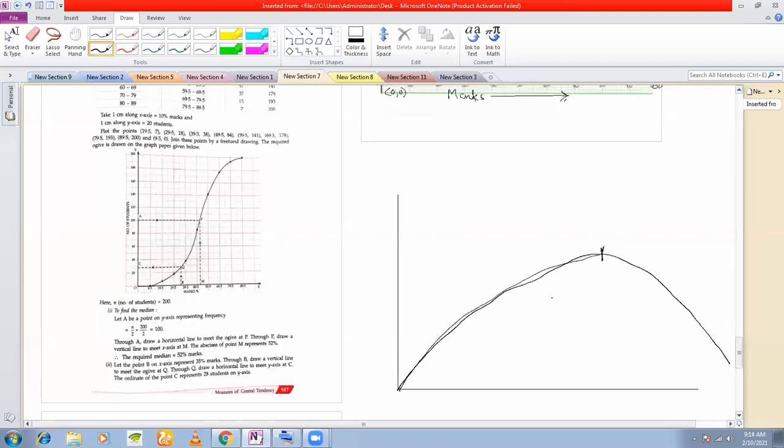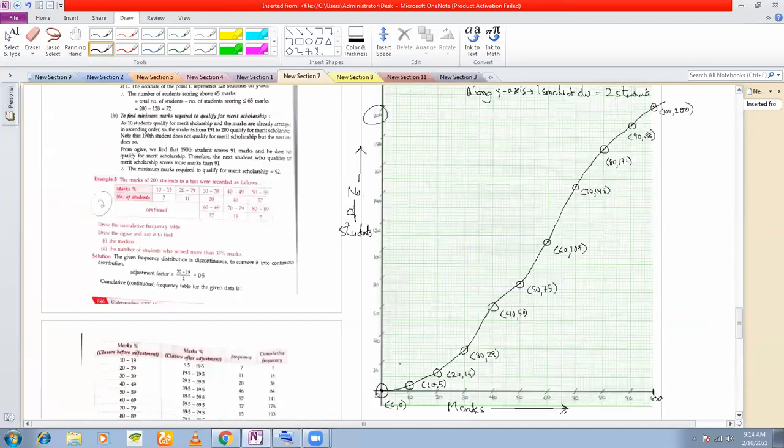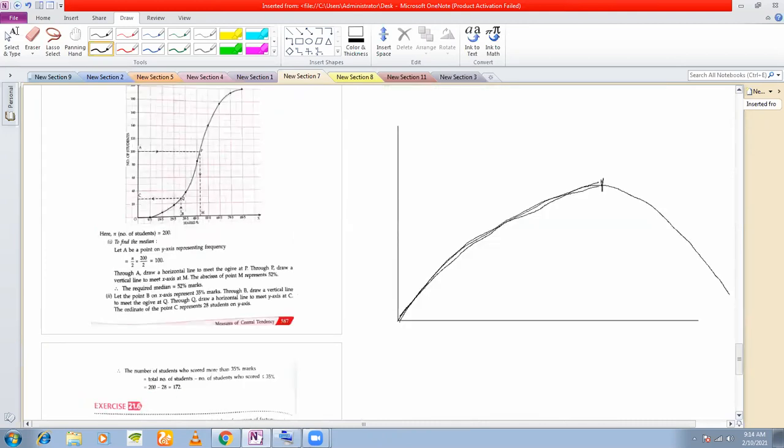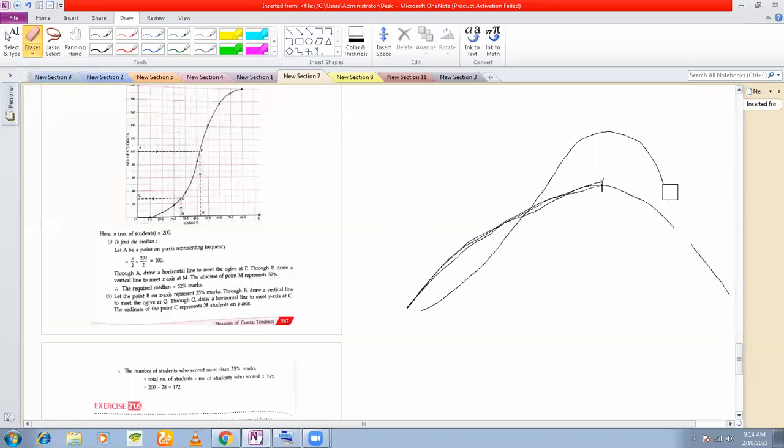So this curve will continuously increase and reach its peak somewhere over here, or maybe after this point also. You don't know. But definitely this part will resemble one side of a bell. Sometimes you have it like this also, but mostly you will have this kind of shape. Let me just redraw it.